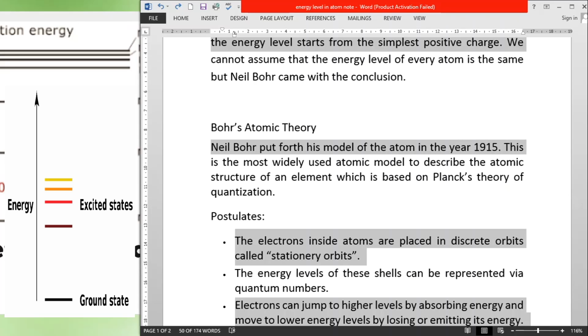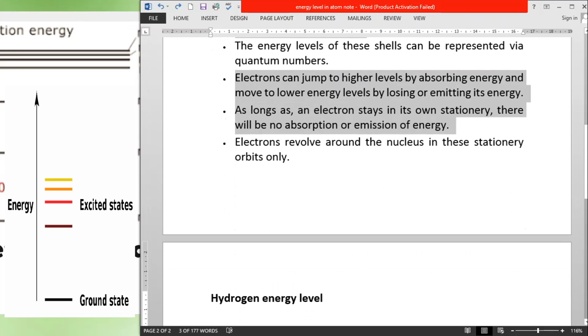He also made mention that electrons can jump to higher levels by absorbing energy, and move to a lower energy level by losing or emitting energy.